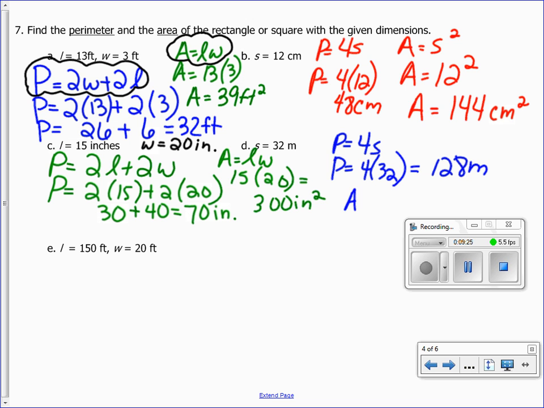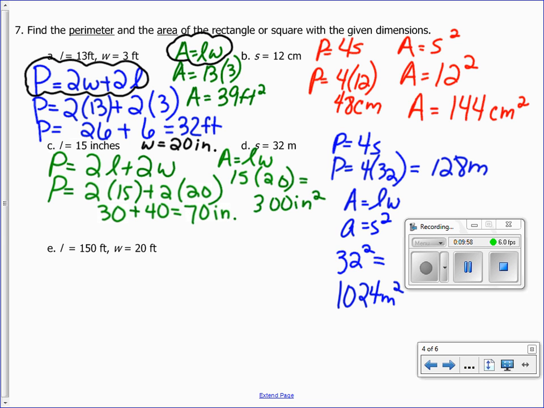Area, length times width, but in this case, area is equal to side squared. So since each side is 32 meters, 32 squared is equal to 1,024 meters squared. Remember, it's squared because it is determining the area, so you use square.